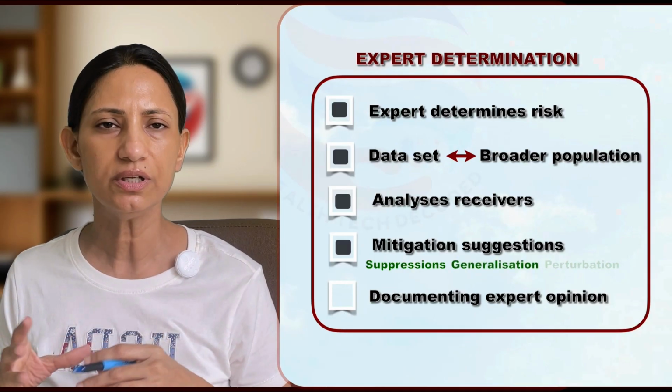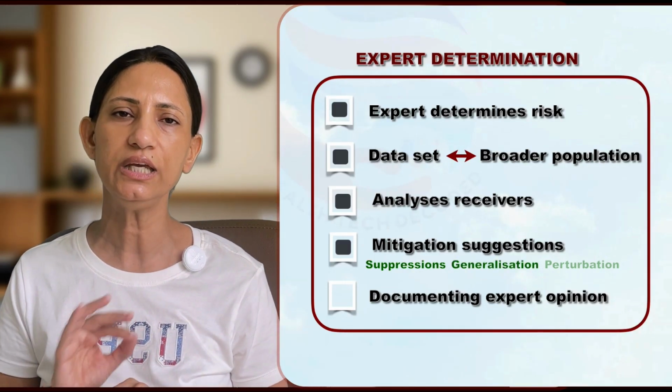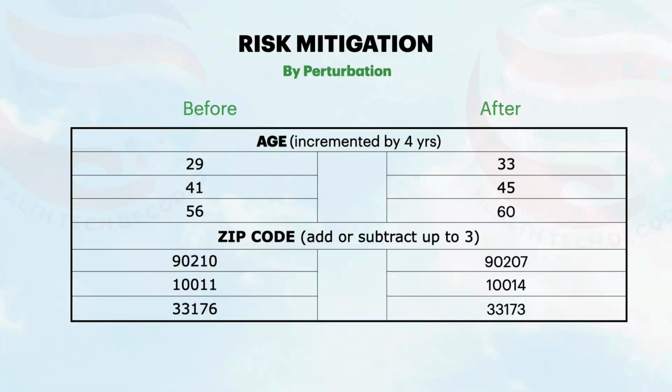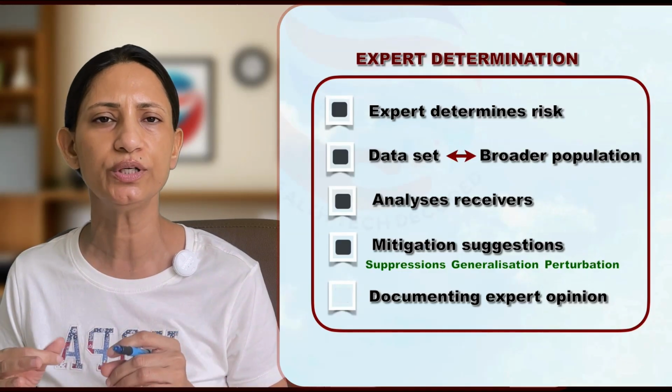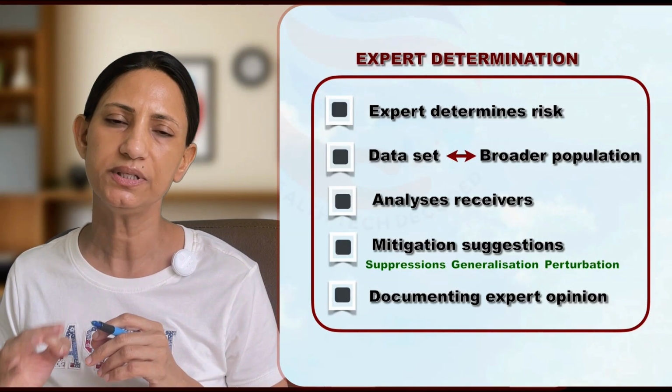Then, perturbation involves replacing values with equally specific values. So, for example, all ages incremented by 4 years or all zip codes changed by plus or minus 3 of the original zip code values. Then at last, the expert determination method should also include documenting the expert's opinions.